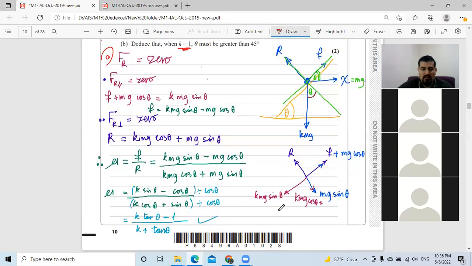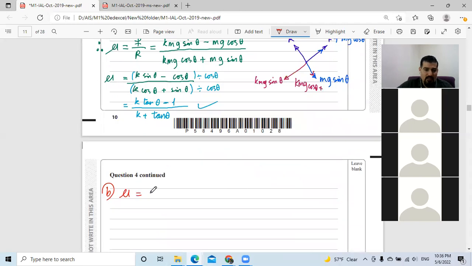Look here. Since mu equals (k tan theta minus 1) over (k plus tan theta), and they say that k is 1, that means it will be tan theta minus 1 divided by 1 plus tan theta. All of this is supposed to be greater than what?